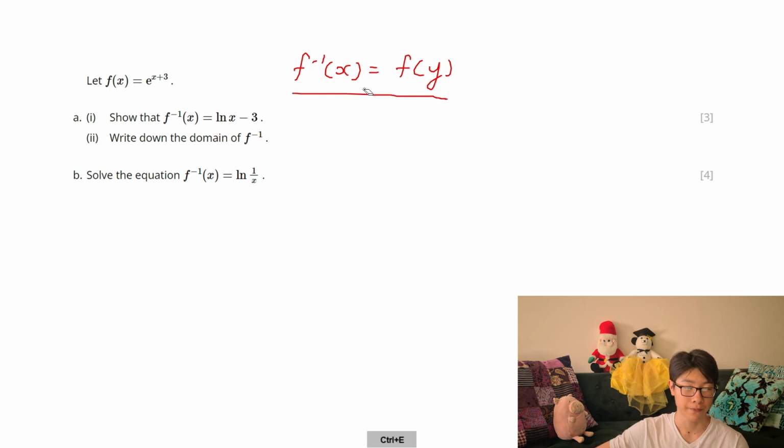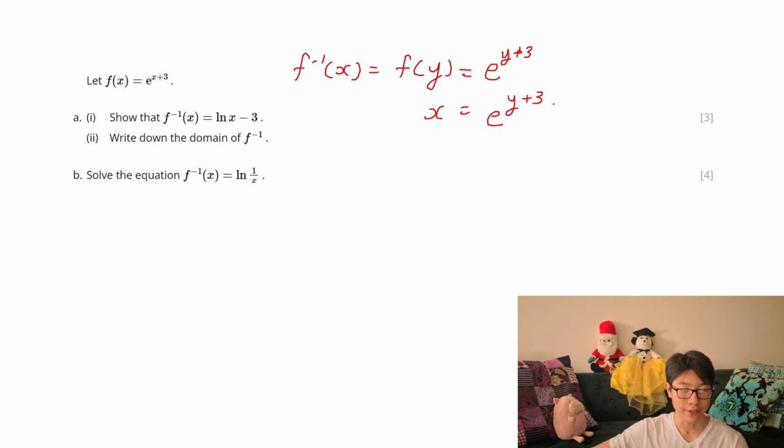And this would be equal to, if we substitute y into our function and we replace every x value with a y value, we will find that f of y is equal to e raised to y plus 3. And now f of y will be equal to x, because we are substituting the original function, which is y equals e to the power of x plus 3, into x equals e to the power of y plus 3.